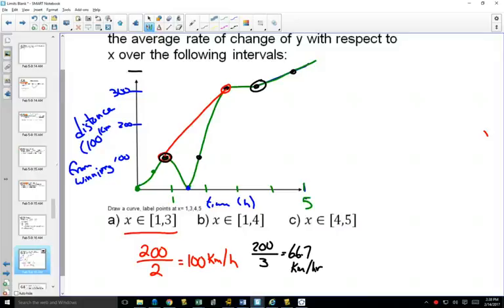I know we'd have to put another value up here. From 4 to 5, and I'll do this in purple, we've only gone 1 hour in the horizontal distance and 100 kilometers. So our average rate of change over that time would be 100 kilometers per hour.